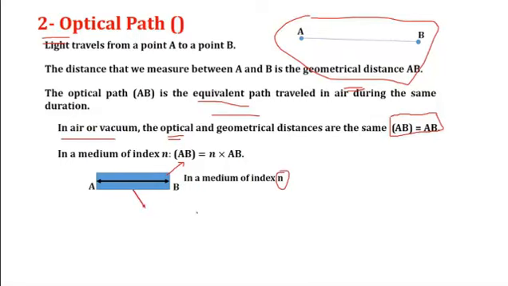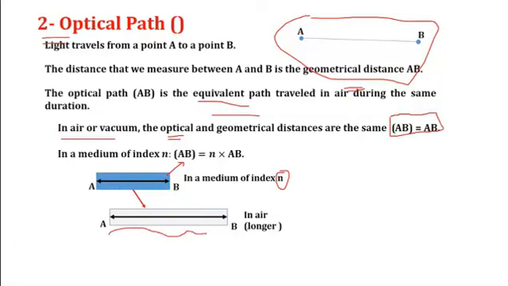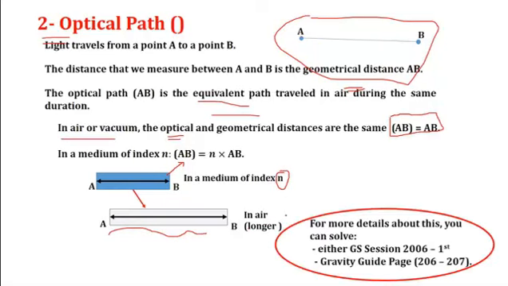The equivalent path of this length in air is AB times n. It becomes longer. If you want to know more details about this optical path, you can solve either the GS session or this exercise on page 206.